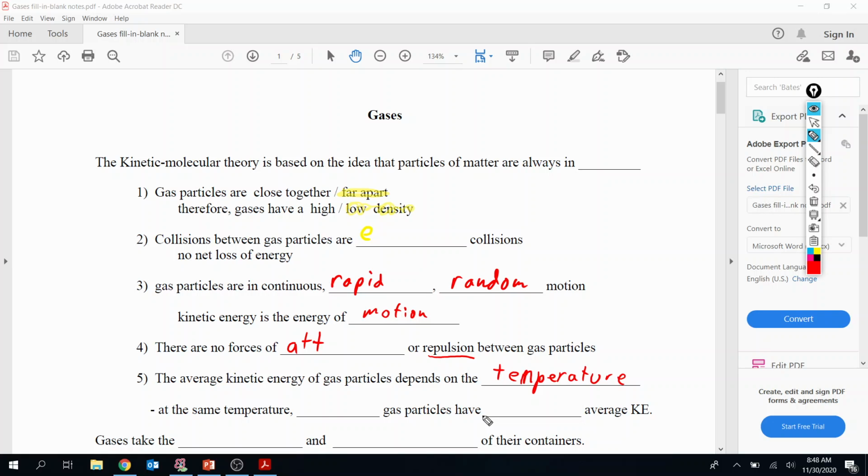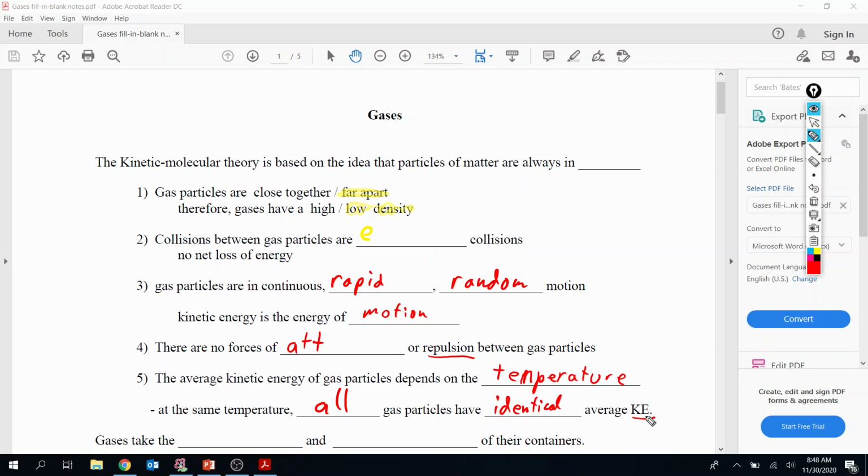And what you need to know from the molecular kinetic theory of gases is that at the same temperature, all gas particles have identical average kinetic energies. Now that's not necessarily identical speeds, it is identical kinetic energies.